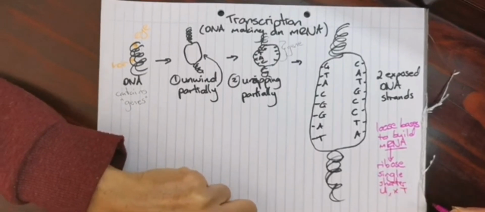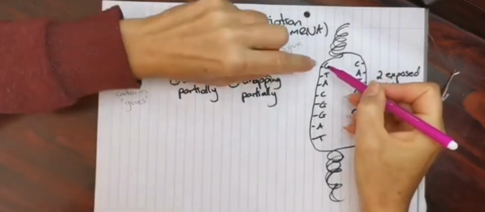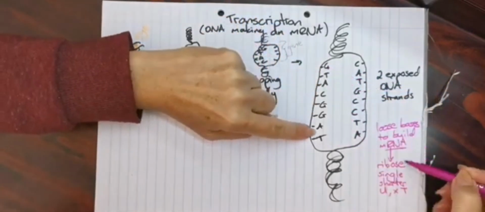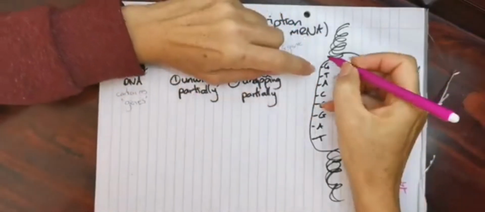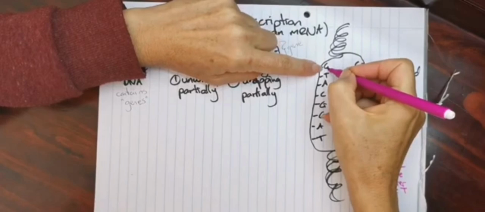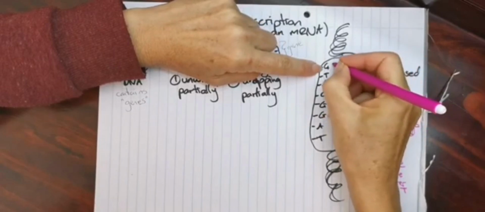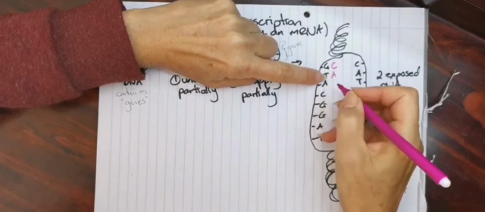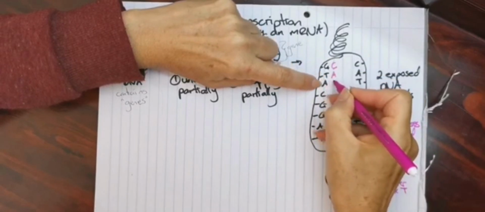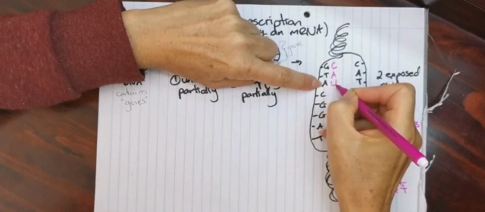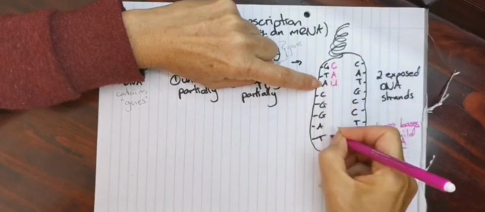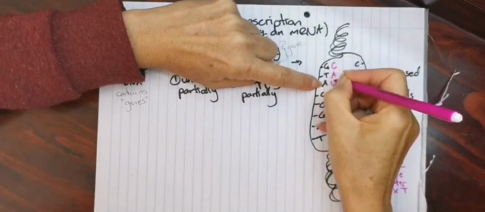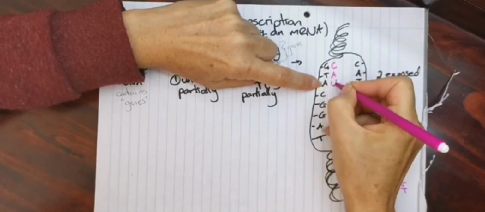Which means if I use this strand on the left to build an mRNA strand, the G from the DNA strand is going to attract a loose C. The T is going to attract an A. The A is going to attract a U. Because we are building an mRNA strand, not another DNA strand, you won't have a T there.